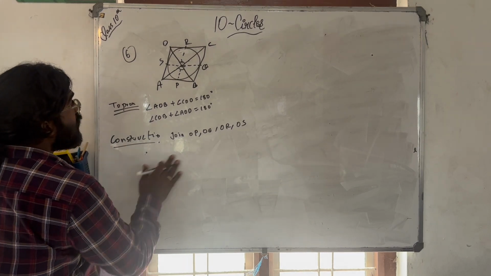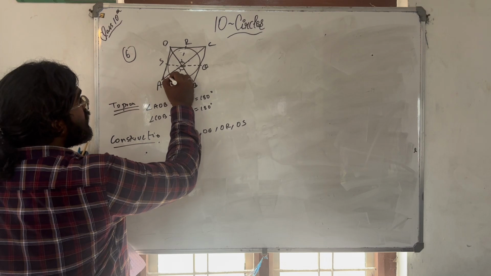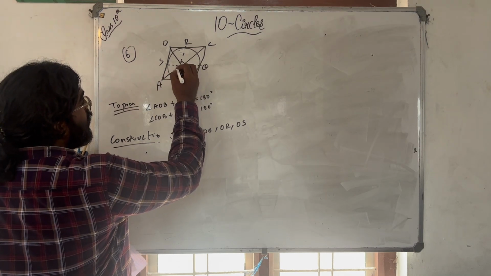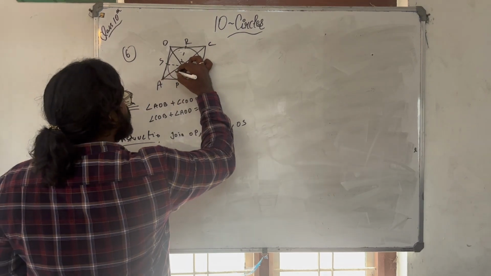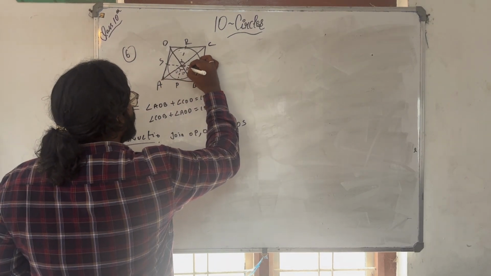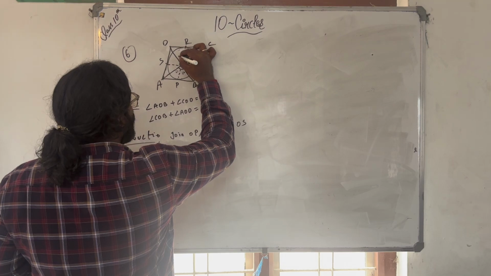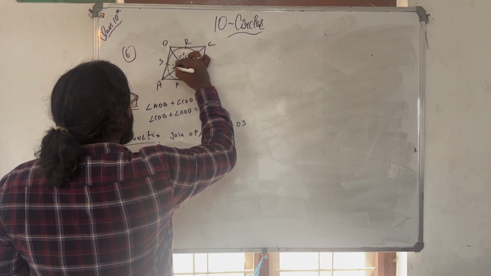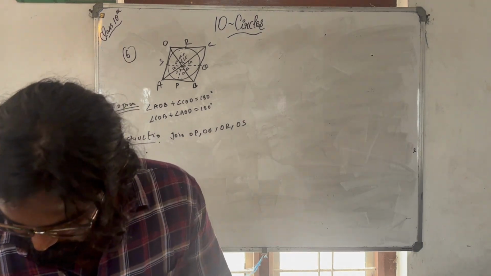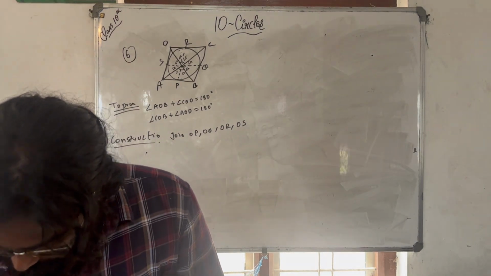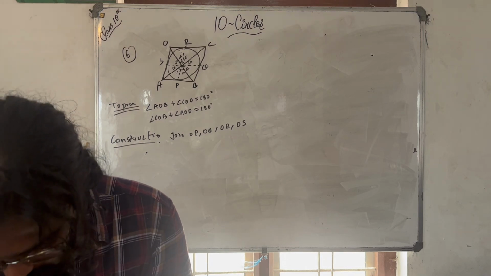Suppose here, you know this and this is equal. Can I also take the angle between them also is equal? So I take the angle as angle 1, angle 2, angle 3, angle 4, angle 5, angle 6, angle 7, angle 8. Correct?